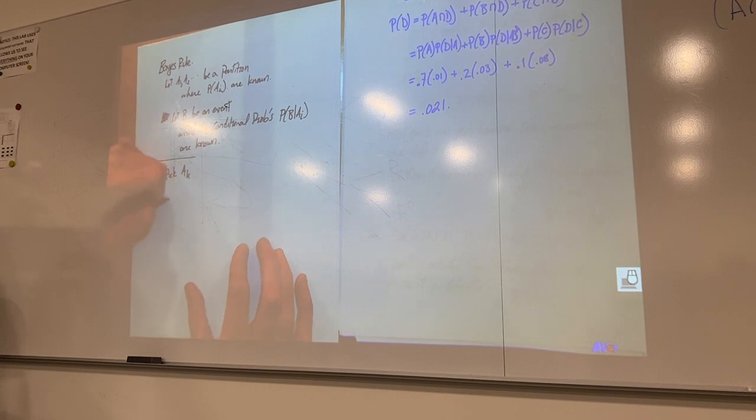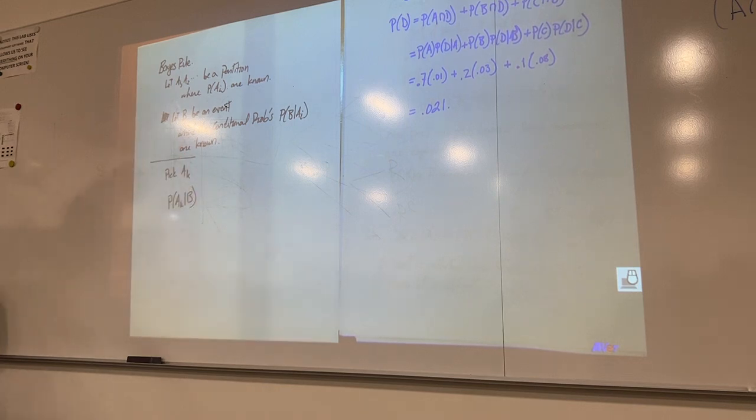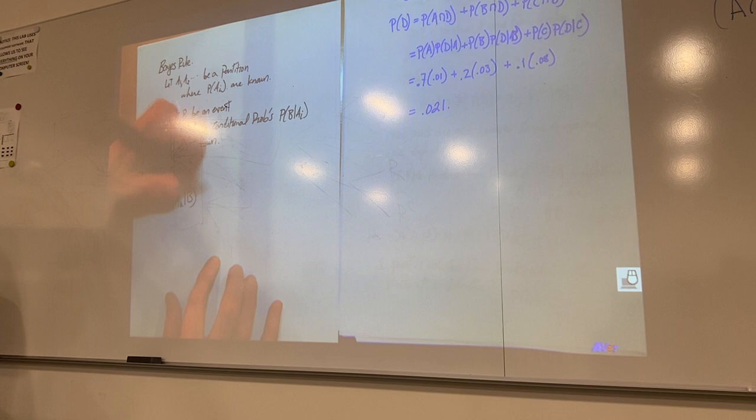It's what's the probability of Ak given event B. This only takes us about 2 minutes to write out using our regular conditional probabilities equation right from the start.